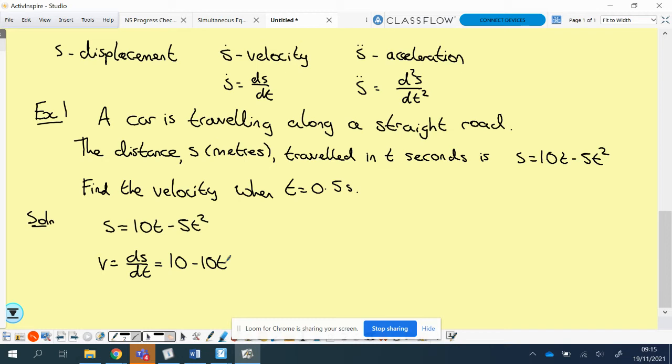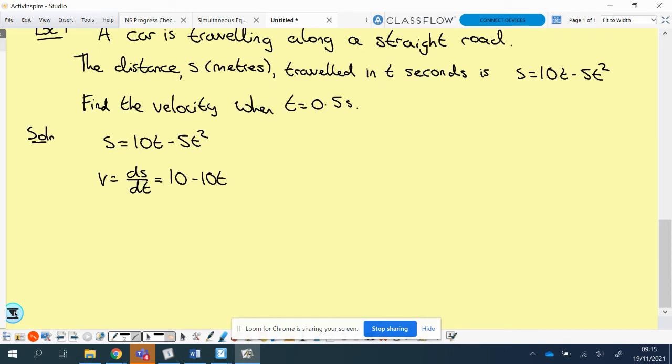And then substitute in the value t equals 0.5, because that's how many seconds I want to find out what the velocity would be at. Therefore, v would be 10, take away 10 lots of 0.5. Therefore, v would give me the answer 5, and it's meters per second.